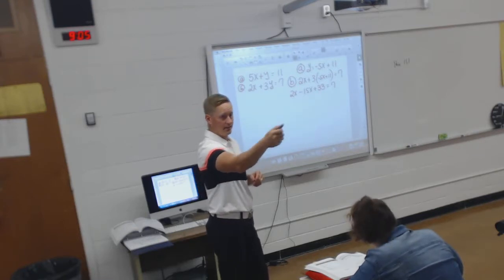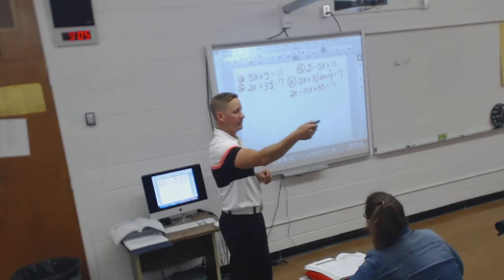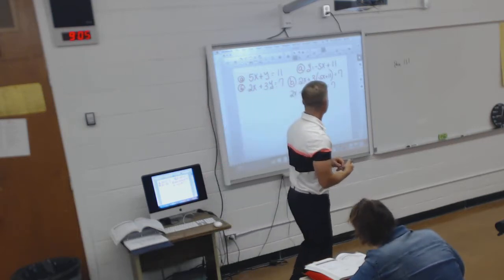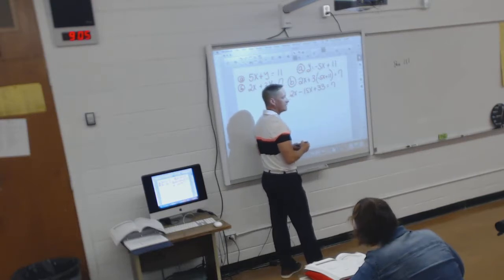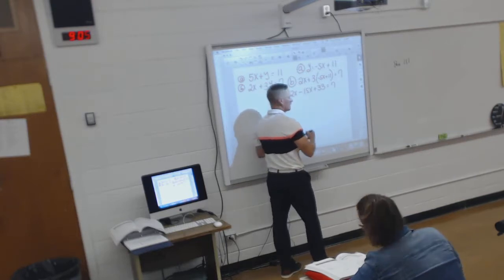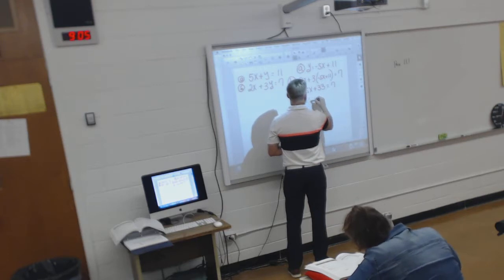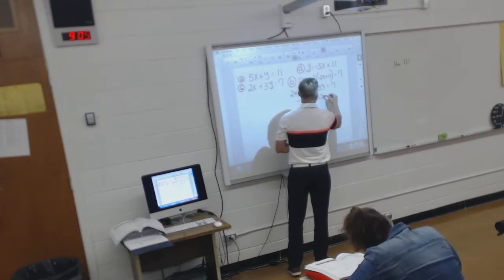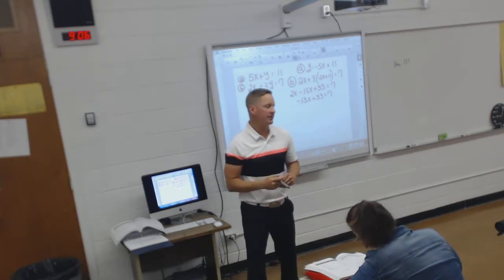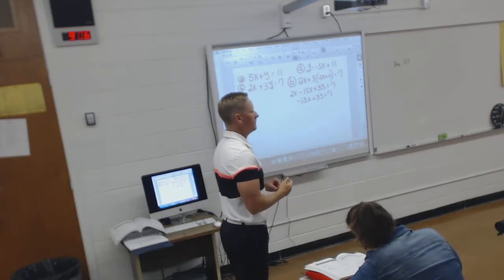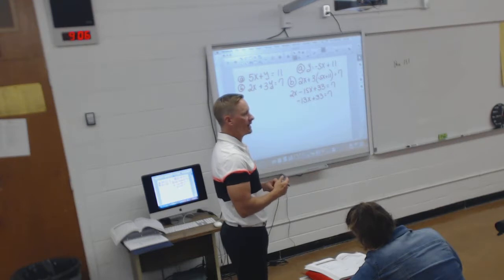Exactly, you're saying the same thing, but I really like what you said. Gather the like terms, that's awesome. Okay, so 2x subtract 15x is what? Negative 13x. Add 33 equals 7. So now I need to isolate my x. I'm 2 steps away from isolating x.